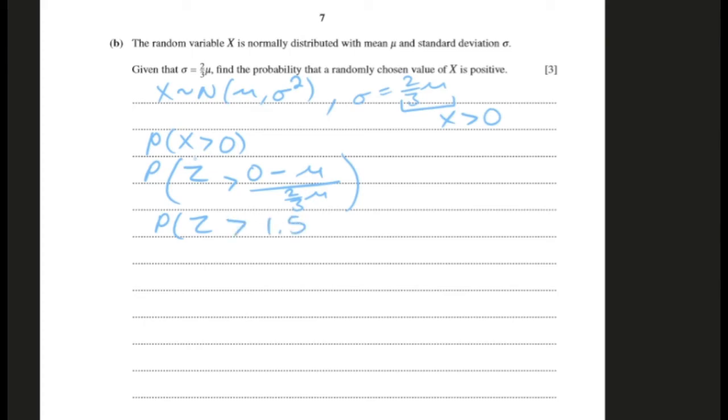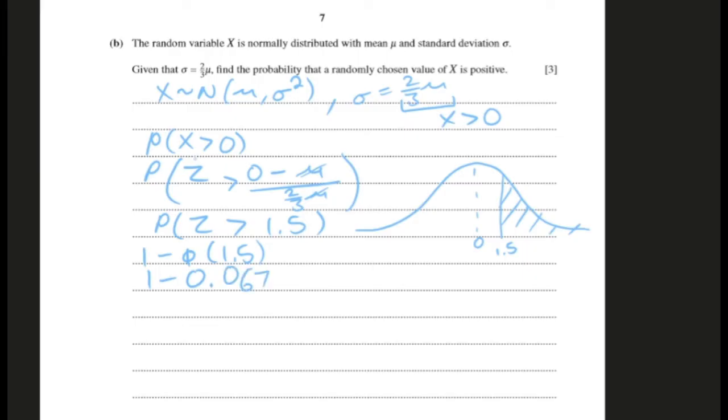If we sketch a bell curve, this is 0, and 1.5 is somewhere here, and we want greater than. So that means 1 minus phi of 1.5, and that's 1 minus the value read off the tables, 0.933 at 1.5, which results in 0.067... so 0.933 is the final answer.